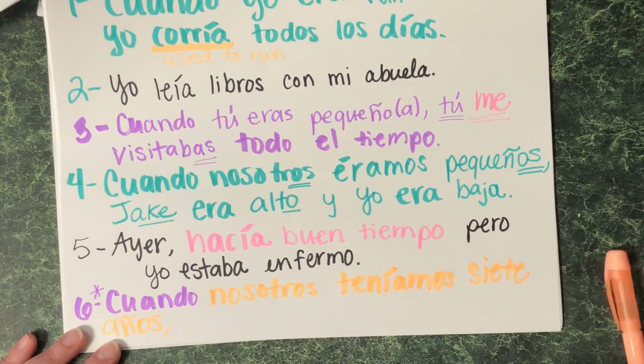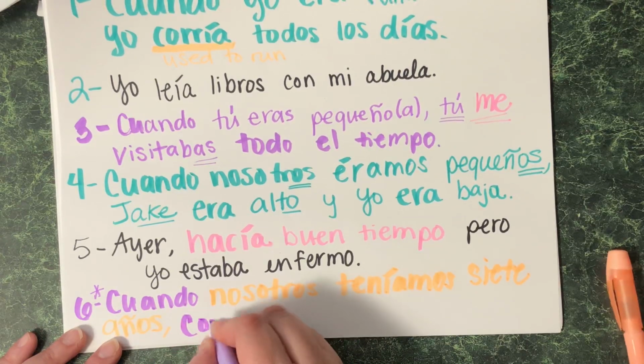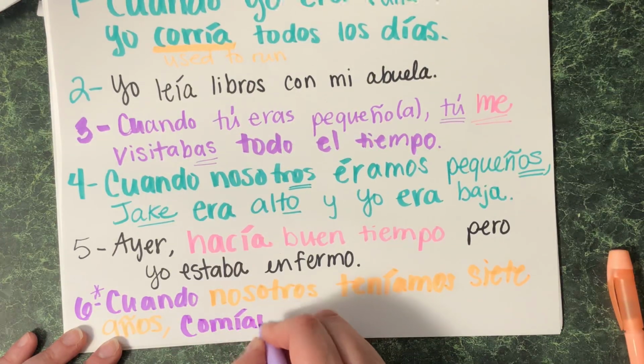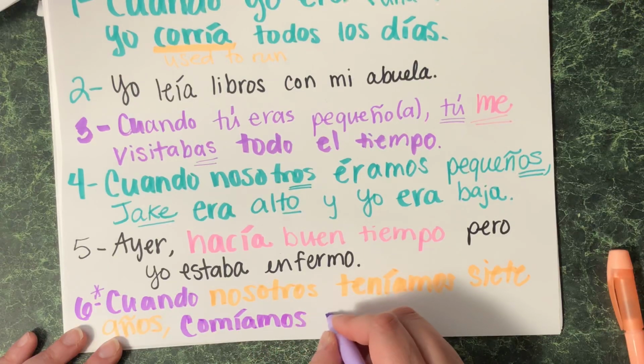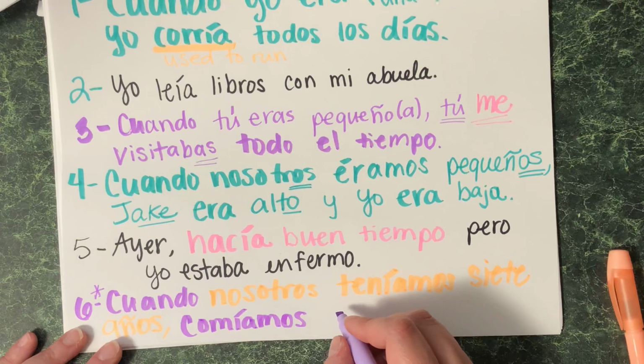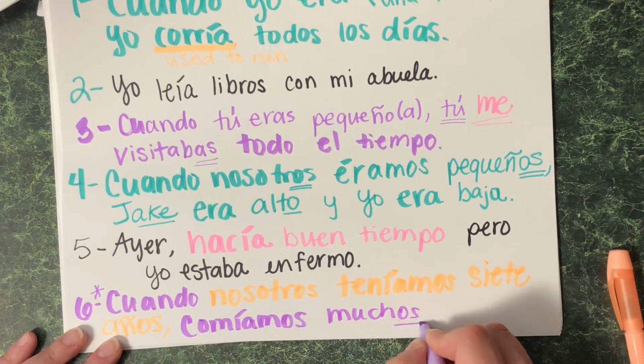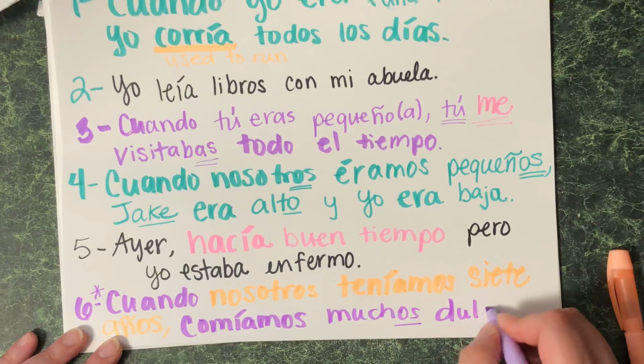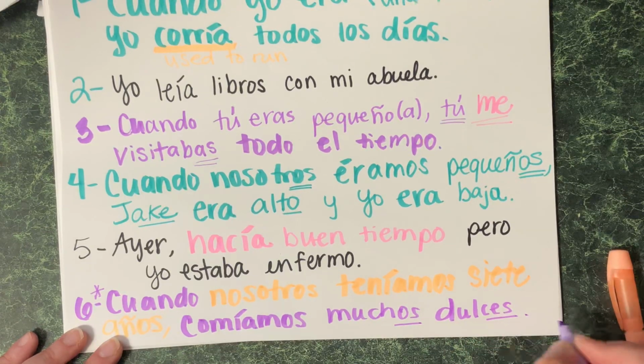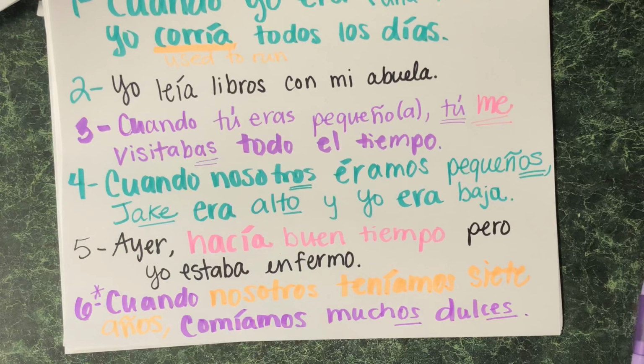The verb to eat, comer. Nosotros comíamos. And then how many candies? Only one or multiple? Multiple. So we're going to put muchos, then candies. Dulces. Make an agreement.